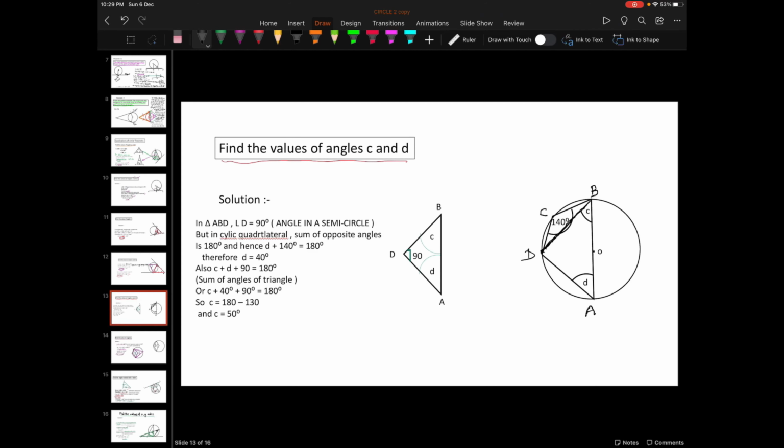So we can write D plus 140 degree is equal to 180 degree. Therefore, D is equal to 40 degree. Hence, the value of angle D is 40 degree.